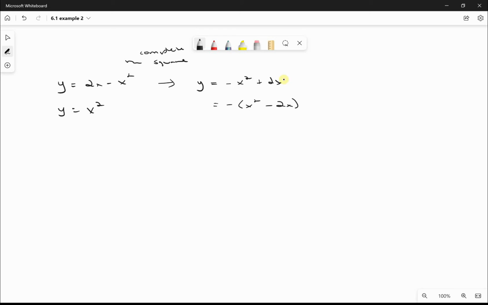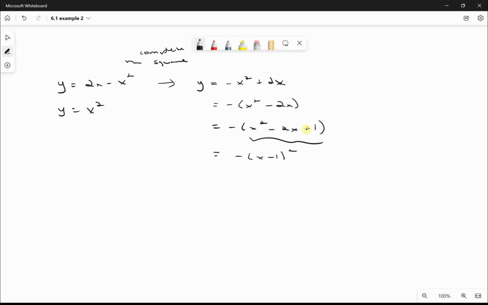And then we want to add something inside of these parentheses that will make this a perfect square. And so we add a 1, right? Because then this thing here will be x minus 1 quantity squared.